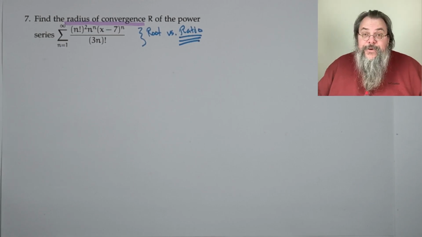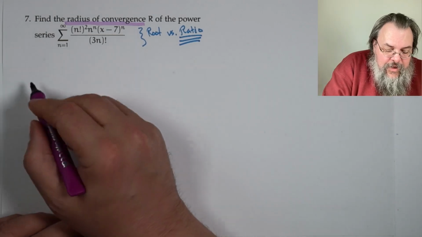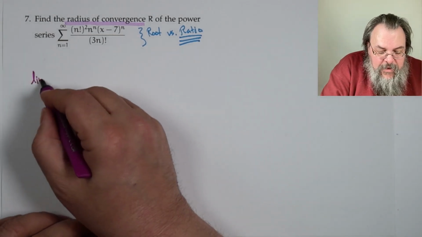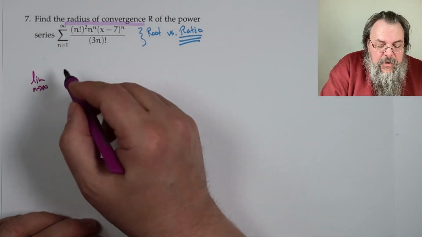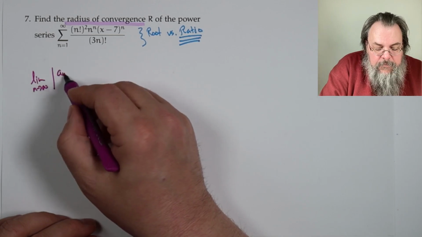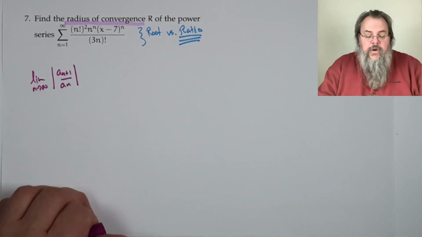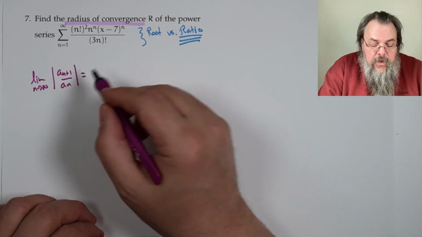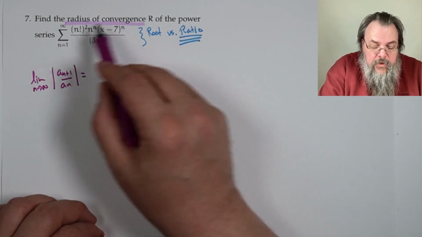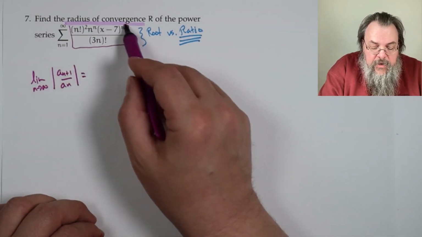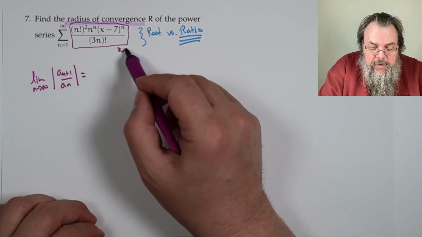We have a lot of stuff to write down. So this says we're going to take the limit as n goes to infinity of the absolute value of a_(n+1) over a_n. Okay, so remember, this part right here is what we call a_n.